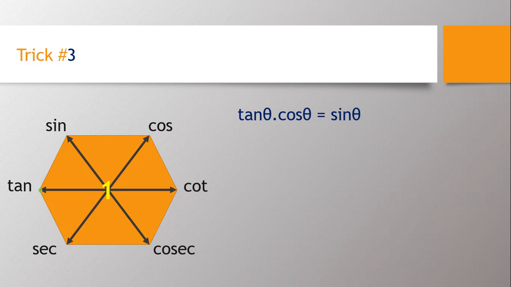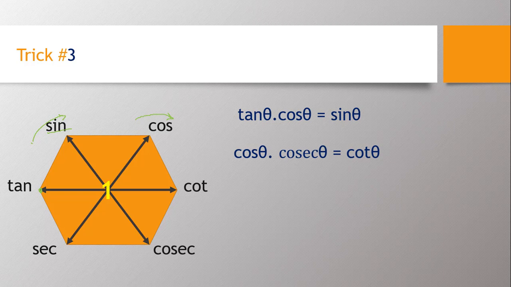Now again going in the clockwise direction like this. Now we see that the first function times the third function is equal to the second. That means tan times cos is equal to sine. Let's try once again. Cos times cosec is equal to cot.